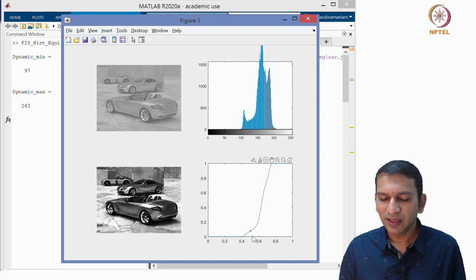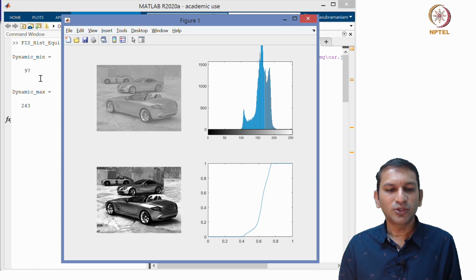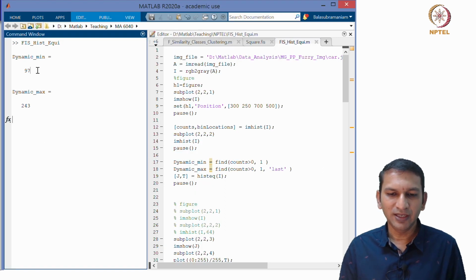So you see here that a pixel value of 97 is perhaps mapped only to a pixel value of 25, but the effective range has been increased, and so the contrast present in the image is getting better. Now, these are the two values that we want, 97 and 243, and using this we will build our fuzzy inference system.